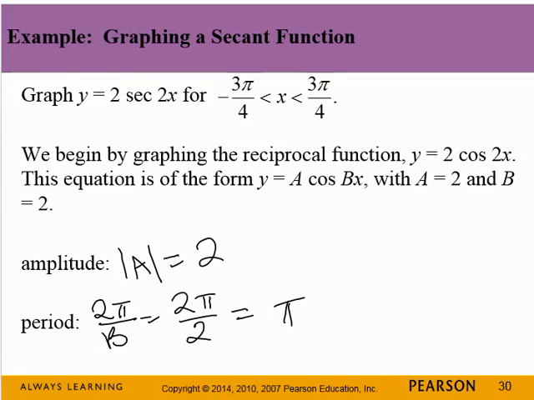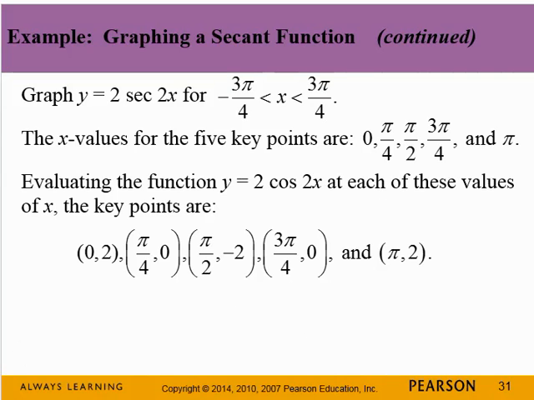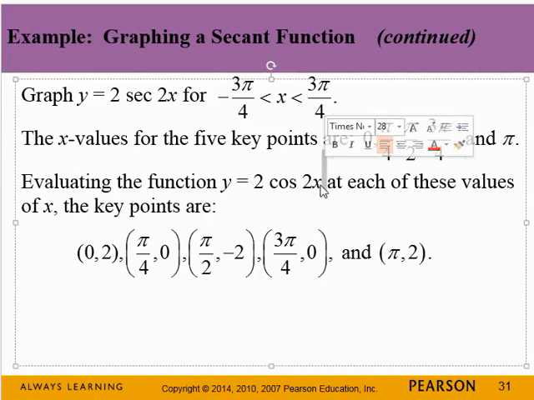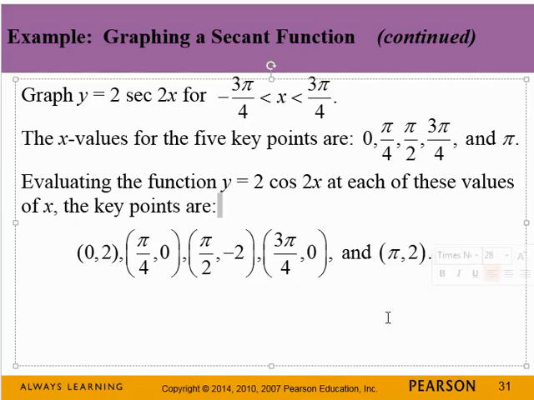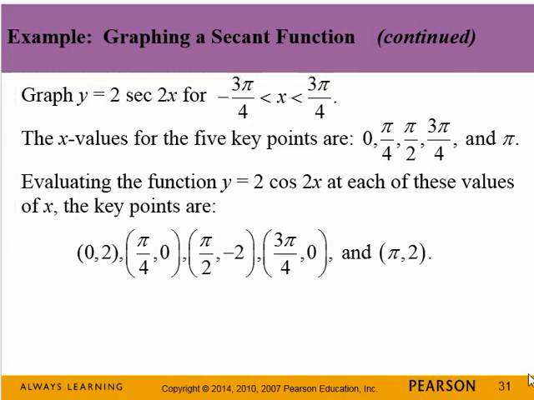Now we have to find our 5 key points. The x values for your 5 key points would be 0, pi over 4, pi over 2, 3 pi over 4, and then pi. If you went back and plugged in and solved for each of them, that's what you would get. Now you have all 5 of your points, so evaluate your function, and these are your 5 key points. You want to plug those into your graph.